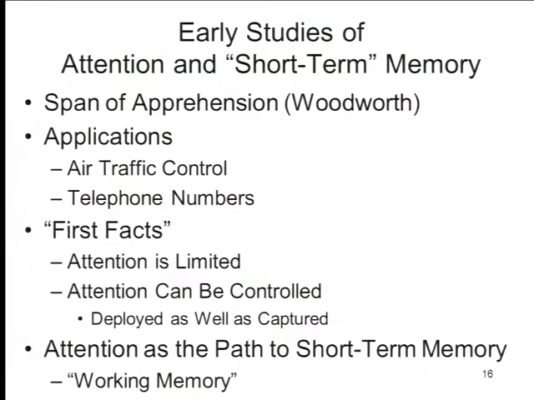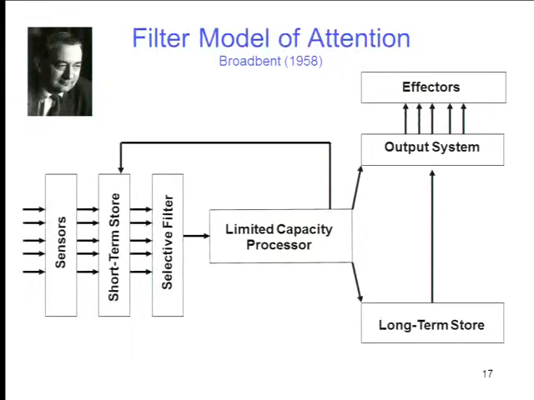Okay, on the basis of these first facts, a guy by the name of Broadbent, a British psychologist, proposed the very first what's known as a filter model of attention. And the general idea behind the filter model is that there's a whole bunch of stuff out there competing for our limited attentional resource. And the way we pay attention is essentially by selectively filtering out all but a small amount of this information.